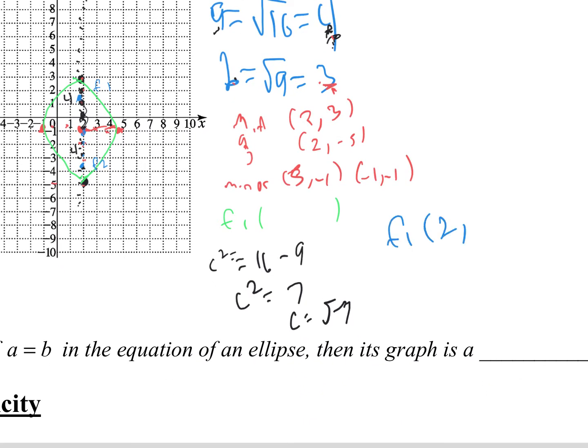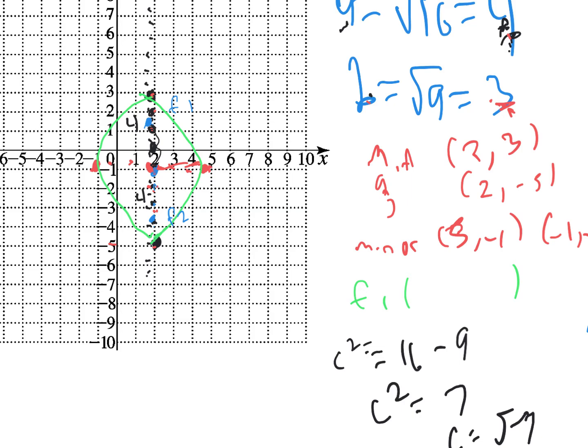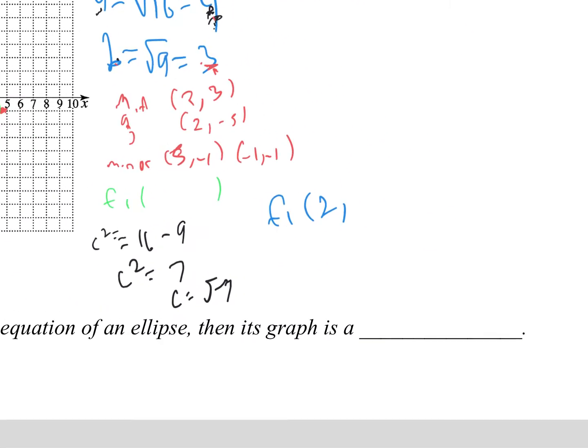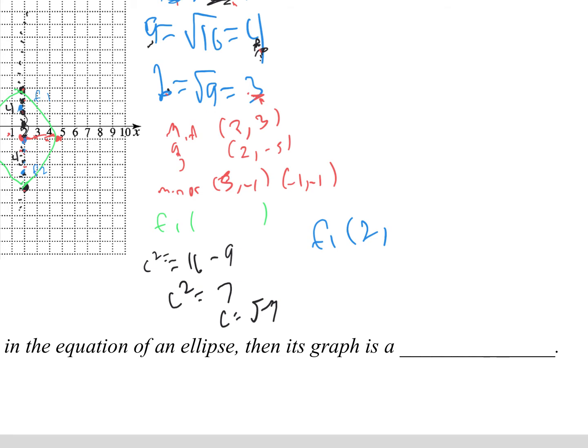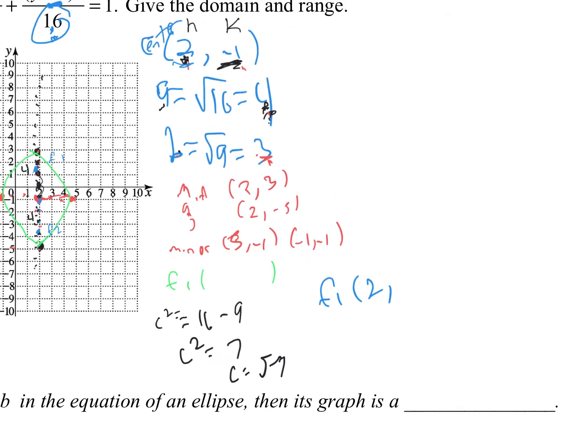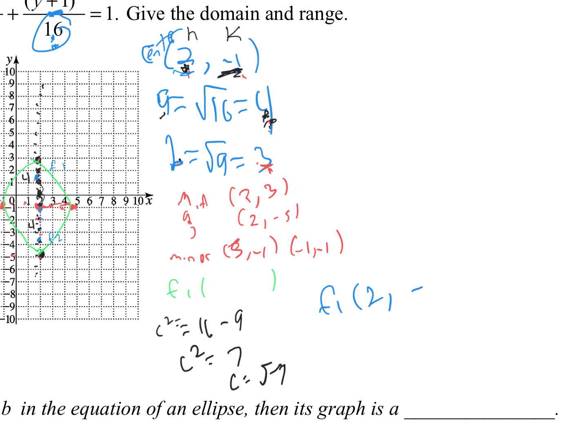F1 was 2, comma, be careful, what was the K? The K was a -1. -1 plus square root of 7, and F2 was 2, comma, -1 minus square root of 7. It gets complicated when you start labeling them.